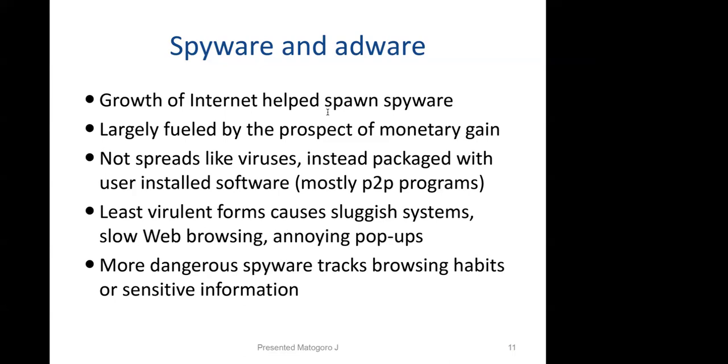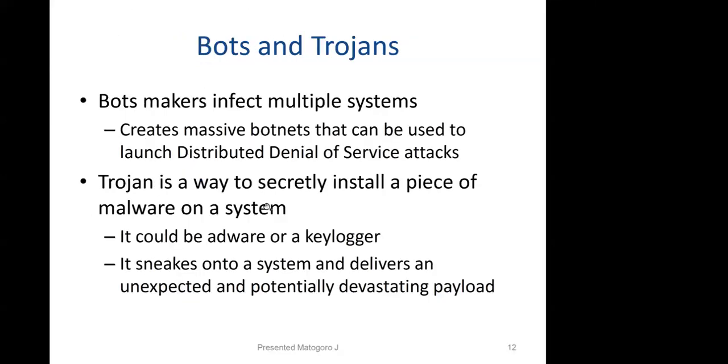And I see Samuel Isaac, and a lot from Hussein. Okay, good. So as people are sharing out, bot makers infect multiple systems, so they create massive botnets that can be used to launch a distributed denial of service attack.